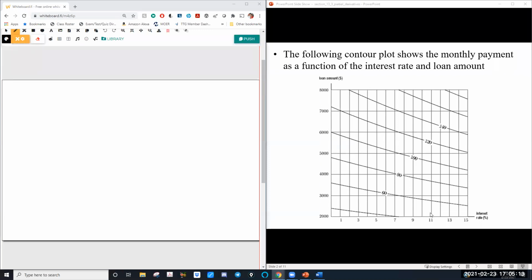Or if we were to hold our interest rate constant, say at 11%, how does our payment change as our loan amount increases or decreases? So what we're doing with partial derivatives is we are specifically looking at the rate of change in one direction while holding the other direction constant.